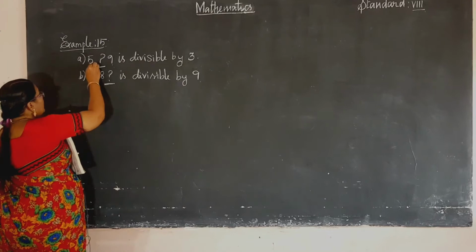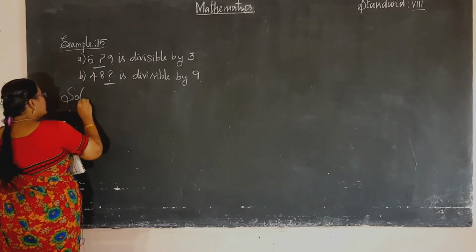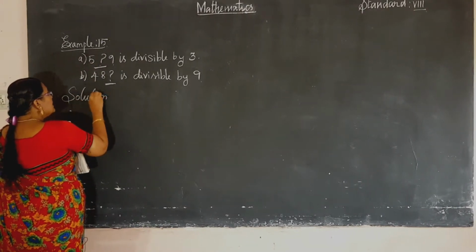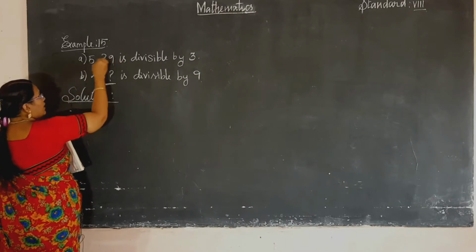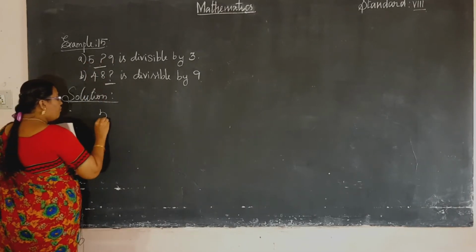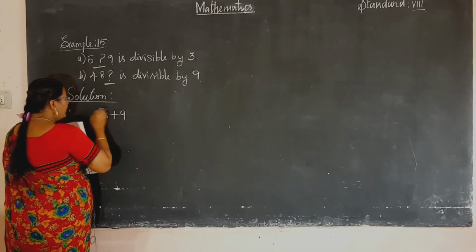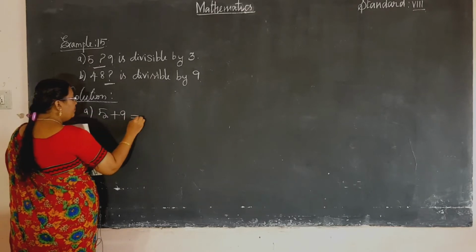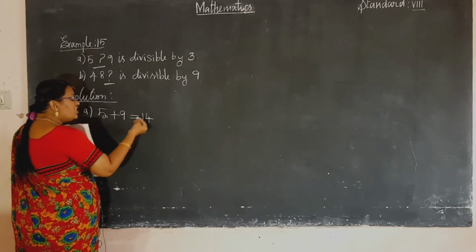So here, the solution: sum of the digits. Already two digits are given, 5 plus 9, we get 14.